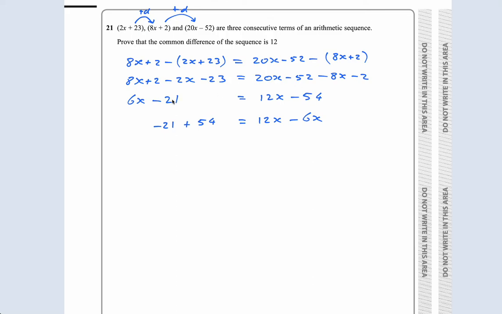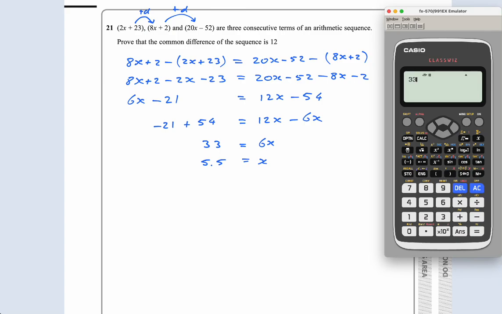So I've added the 54 and I've subtracted the 6x. This is equal to 6x equals minus 21 plus 54, which is 33. So x is equal to 33 divided by 6, which is actually 5.5. You can do that on your calculator, guys. 33 divided by 6 is 11 over 2, or 5.5.